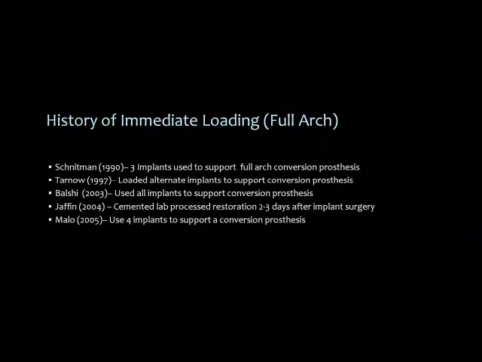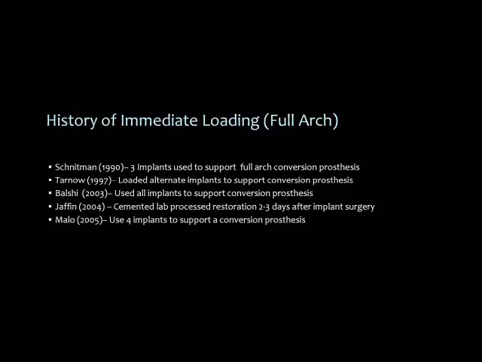If we're going to discuss immediate function, we need to discuss the progression of where we started to where we are now. Initially, about 20 years ago, Dr. Schnittman presented the use of 3 implants to support a full arch conversion prosthesis.